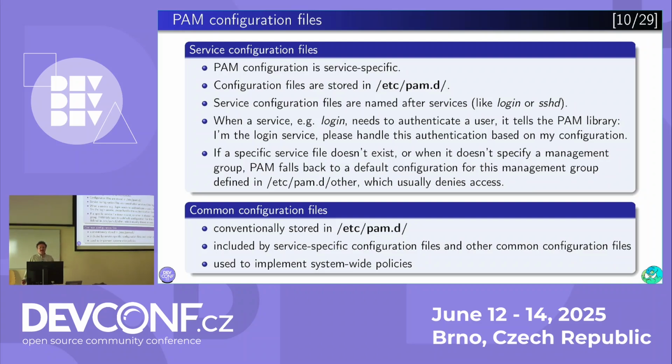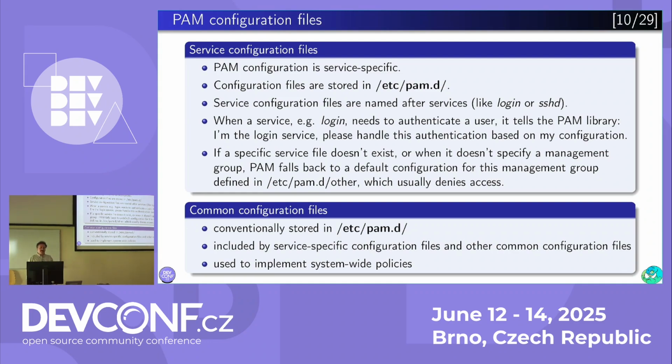So when the service needs to authenticate a user, it calls the PAM authenticate function, and this way it tells the library that first it calls the pam_start function and says that I am, for example, the login service. And then it calls pam_authenticate and says, please handle authentication according to the configuration in my service file.